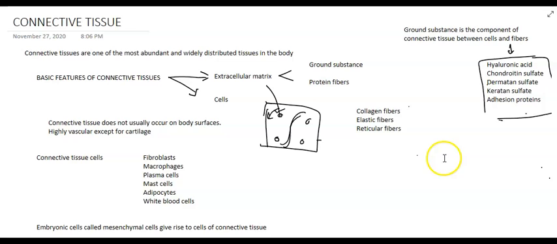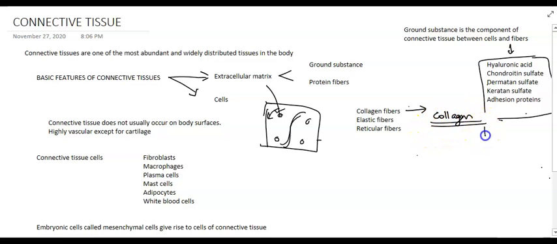The properties of different types of collagen fibers vary from tissue to tissue. For example, collagen fibers found in cartilage and bone form different associations with surrounding molecules. Because in cartilage, the ground substance has more water, so it is firm but pliable, unlike that of bones. These collagen fibers are made up of a protein called collagen, and this is the most abundant protein found in our body.